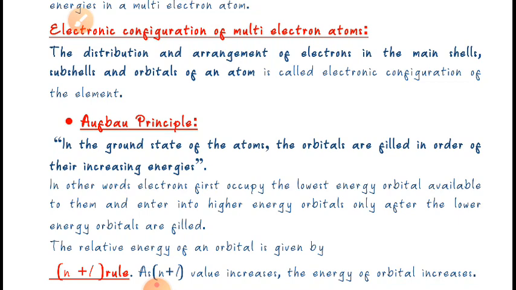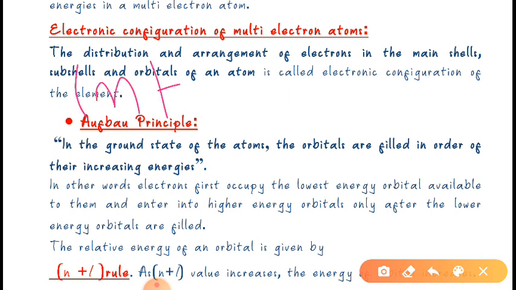So he says that any fully filled suborbital having lesser n plus l value will have a lesser energy level, and if the n plus l value is the same, then the suborbital having lesser n will have less energy.